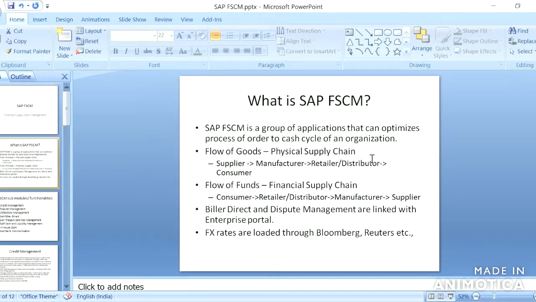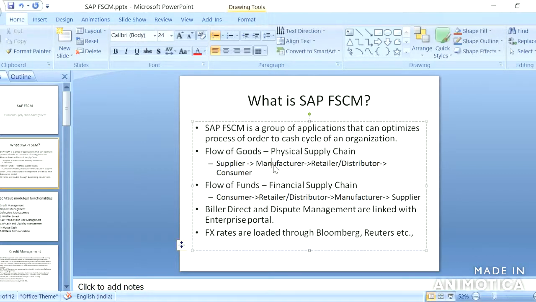So let us now see what is the physical supply chain. That's flow of goods, just as I discussed just now. So we have a manufacturer. If a manufacturing company needs to manufacture some product, first it needs to get some raw material from the supplier. So that is nothing but vendor.